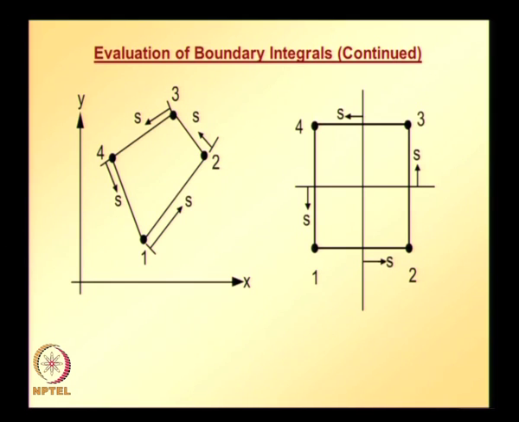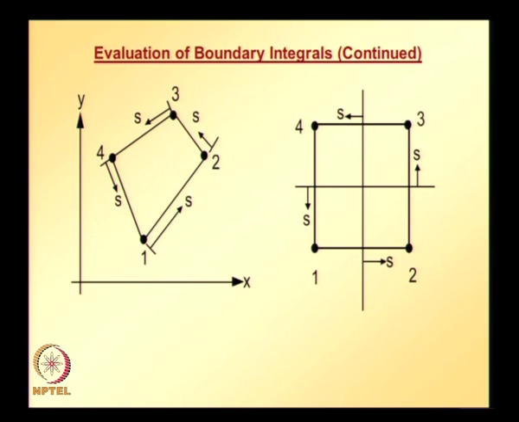And shape functions for each side can be written by substituting a constant coordinate into the shape function expressions. You already know the shape functions of the 4 node quadrilateral element in the parent element domain S and T. We already know the shape function expressions.